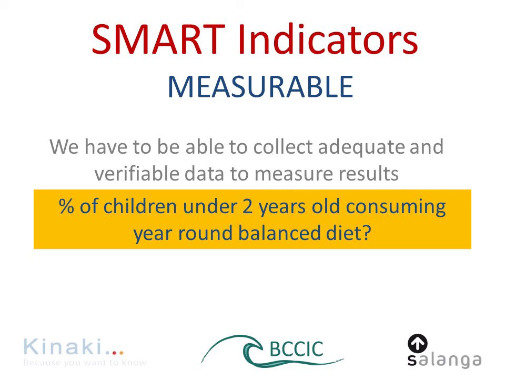So let's check if it's specific. We are looking only at children under 2 years old consuming year-round balanced diet. Balanced diet is represented by food diversity, so at least 4 food groups in 24 hours. So it's pretty specific. It looks at only children eating balanced diet.